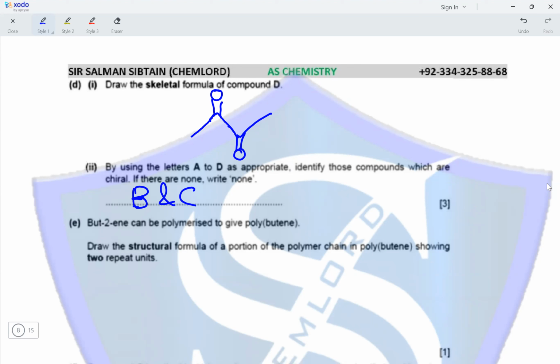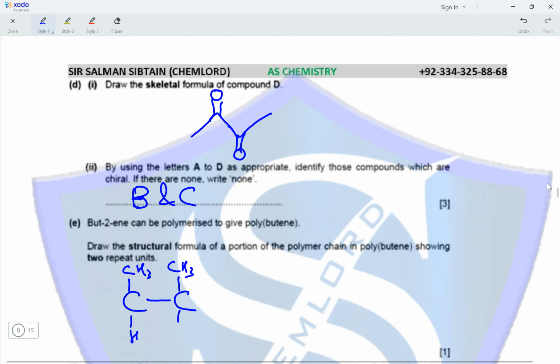Butene can be polymerized to give polybutene. Draw the structural formula of a portion of the polymer chain in polybutene. Show two repeat units. So, polybutene would have the C double bond C converted into C single bond C with both carbon atoms having a CH3 group on it and a hydrogen atom on the remaining position.